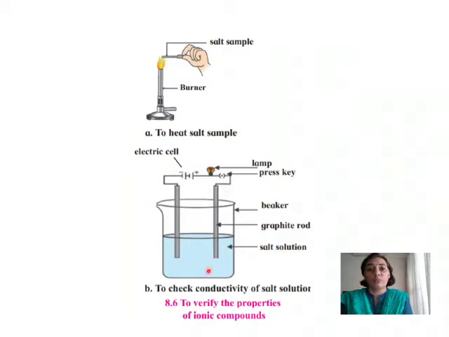So it is the movement of ions towards the respective electrodes which constitutes the flow of electric current in this case. When we study electric current, it is on account of the flow of electrons through metals. But here we are talking about a solution, an aqueous solution of sodium chloride. So where is the electric current coming from? It is due to the dissociation of sodium chloride. Sodium ions and chloride ions start moving towards the respective electrodes, and that constitutes the flow of electric current here.